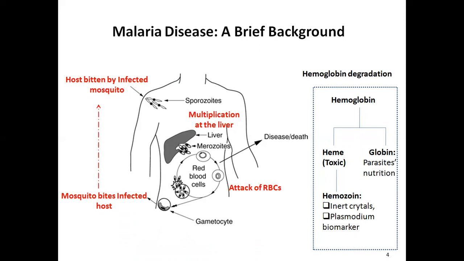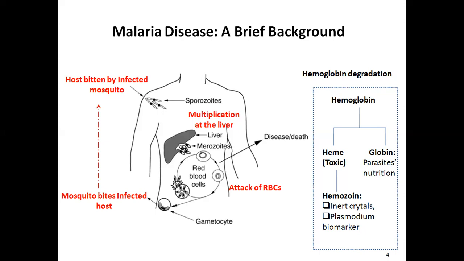While in the red blood cell, they ingest hemoglobin and multiply, and at some point when they multiply within the infected red blood cell, the blood cell would rupture and the parasites would be released again into the bloodstream where they attack more red blood cells.